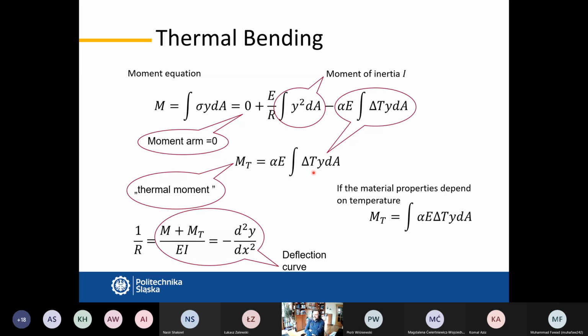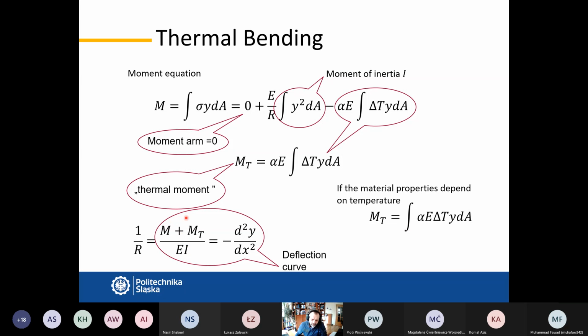If you recall information from your strength of materials course, the beam after bending forms a curve. It is initially straight, but it bends to form a curve. The curvature of this beam, or 1 over the radius of curvature, was the moment divided by E times I, the flexural rigidity.